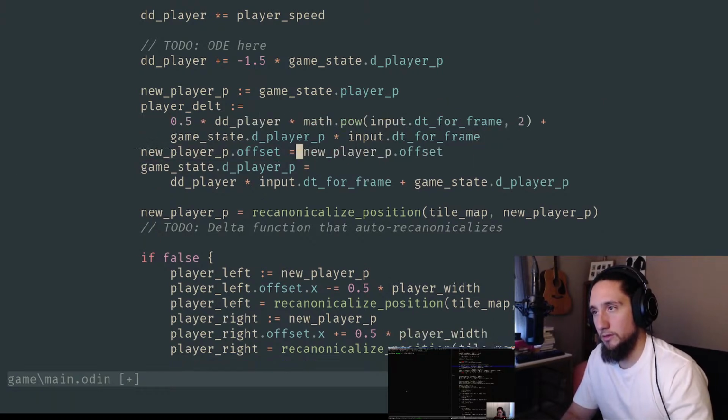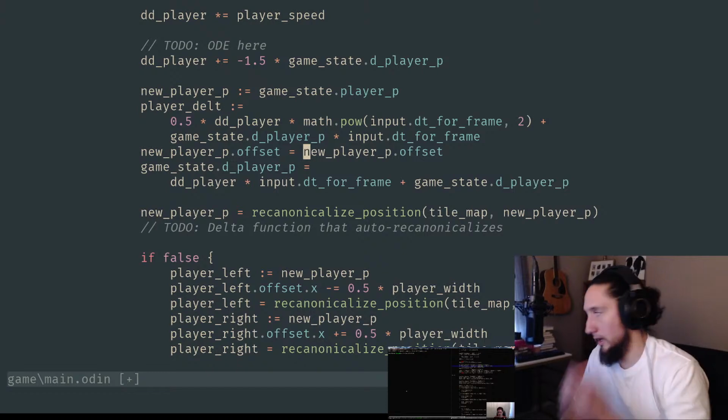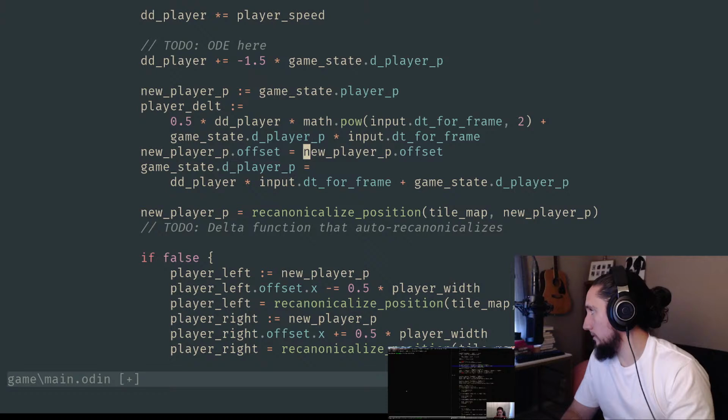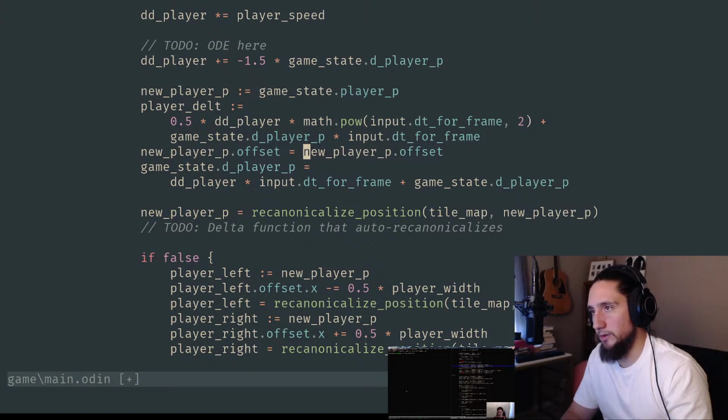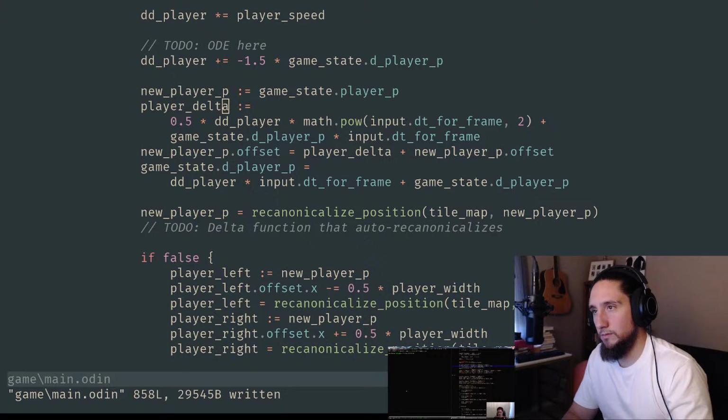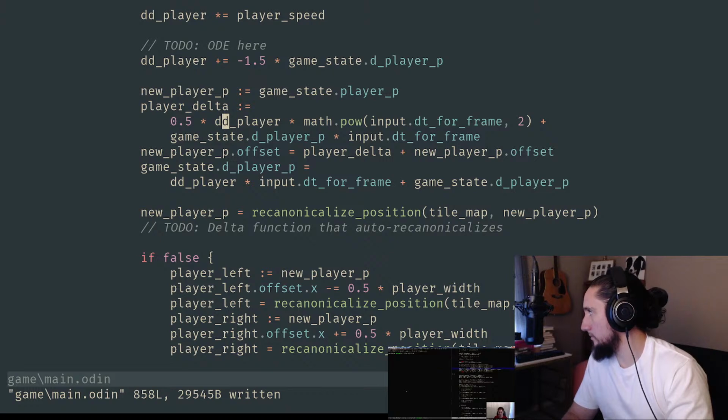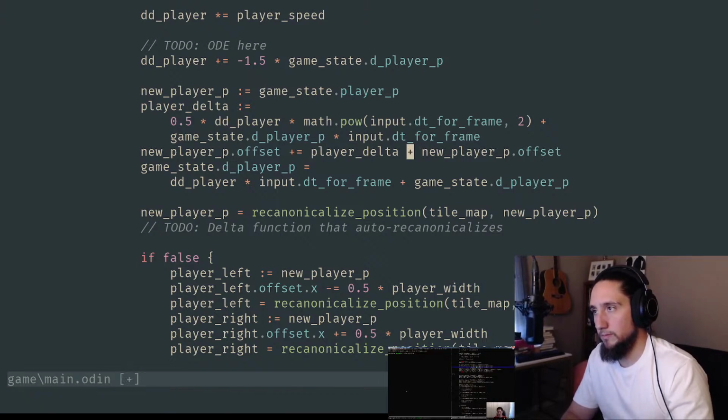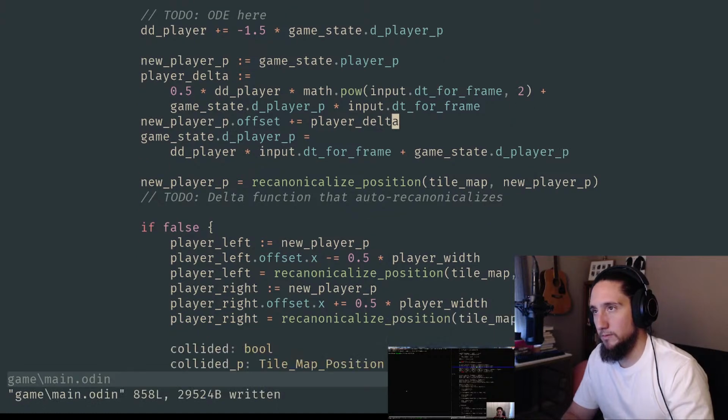Plus that previous offset, because this is still working off the previous player state's tile offset. This is what we're moving him by. There we go. And so that's player delta plus, so there we go, like that. I could actually just say that as well. That does make more sense. Okay.